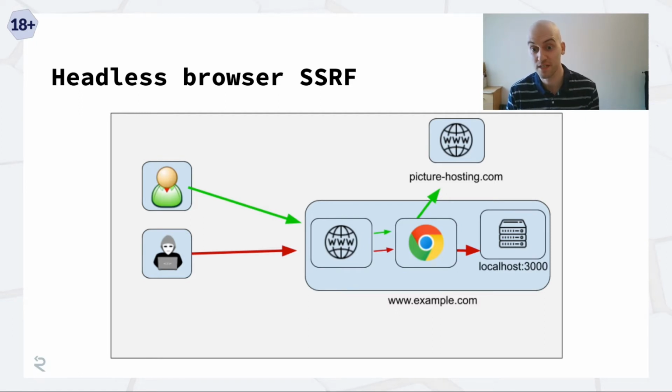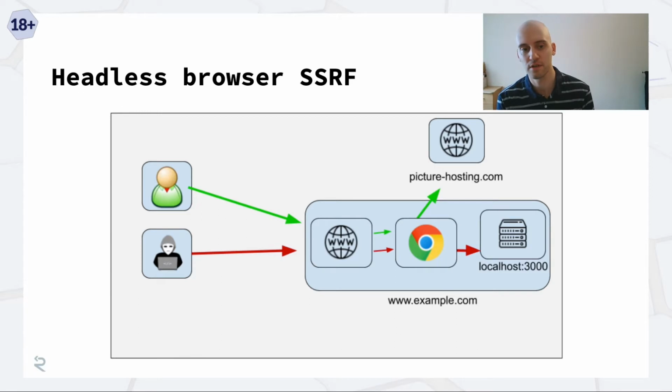What is headless browser SSRF like? Let's say you have a website that utilizes a headless browser for some feature, like maybe it generates a picture, an avatar, or maybe a template for something, and as part of it, it requests something from, let's say, picturehosting.com, like in this picture.